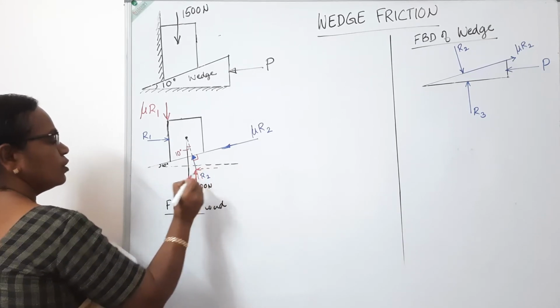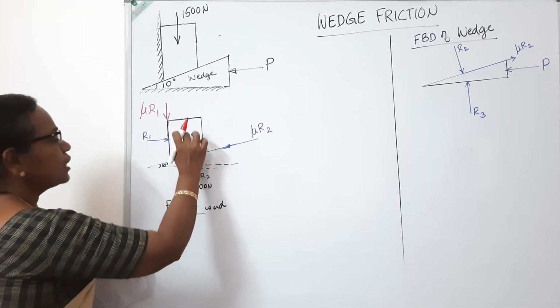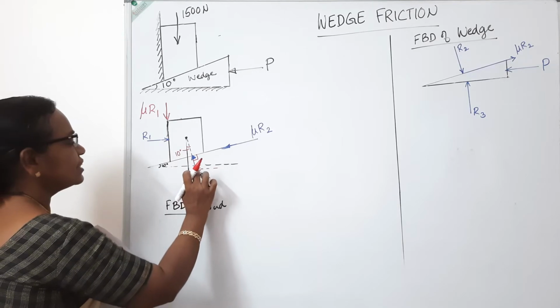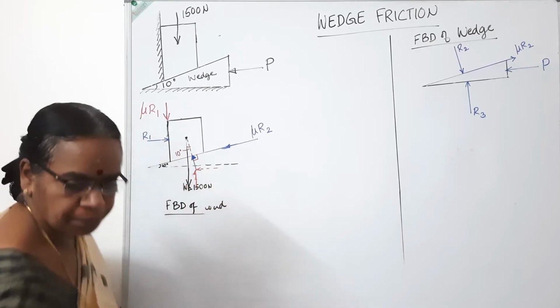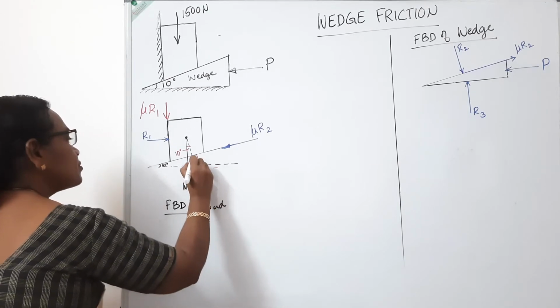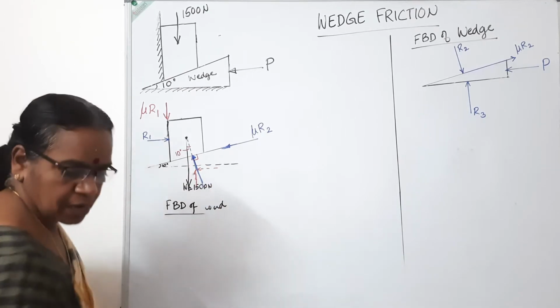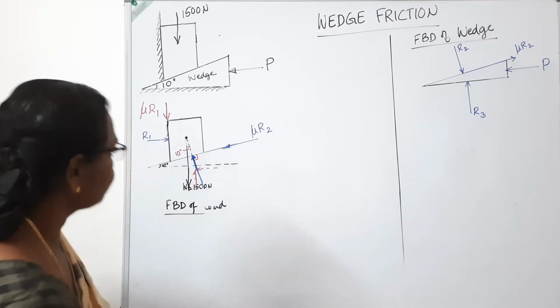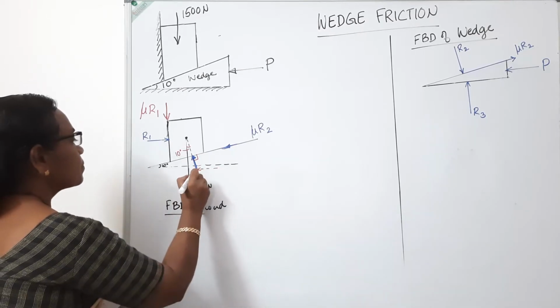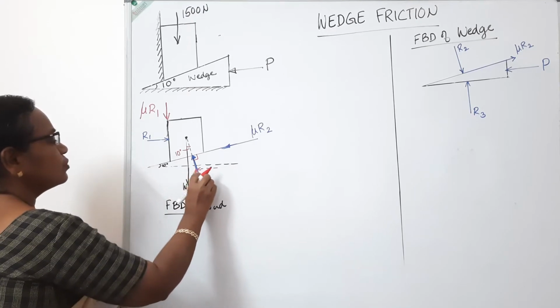What are these values? How will you find out? The angle which R2 makes with vertical is 10 degrees. I will mark it here. This is the direction of R2. R2 makes an angle of 10 degrees with vertical.